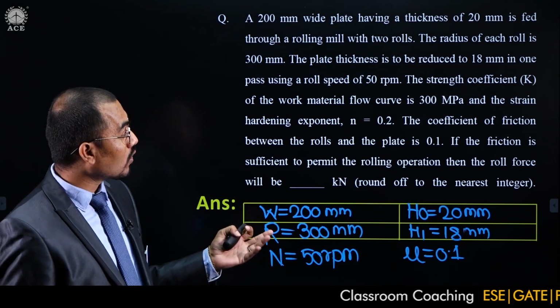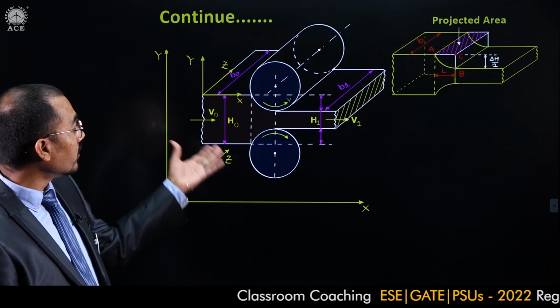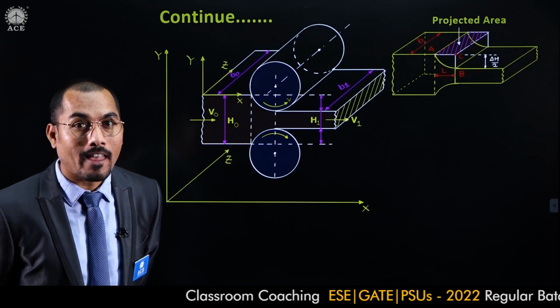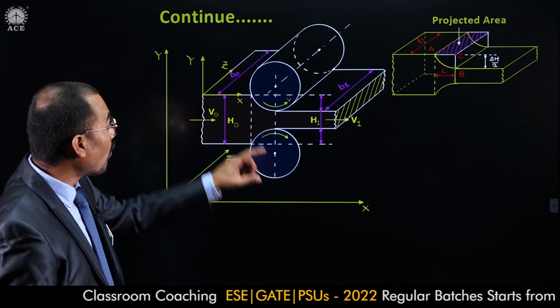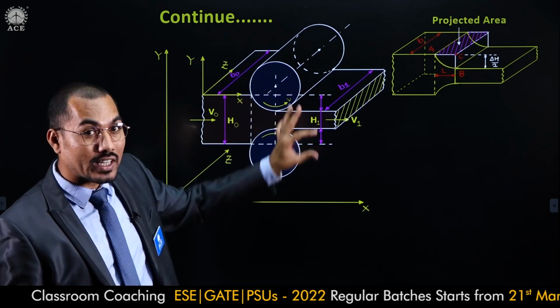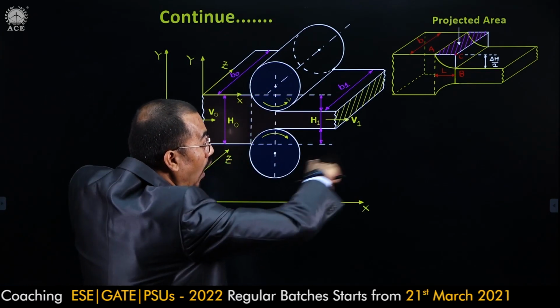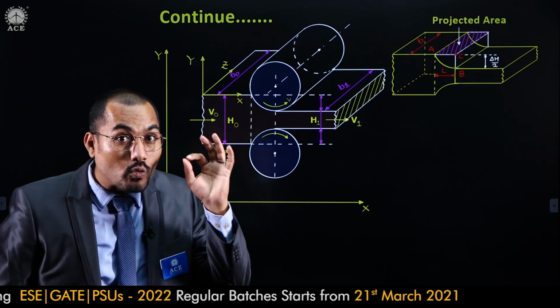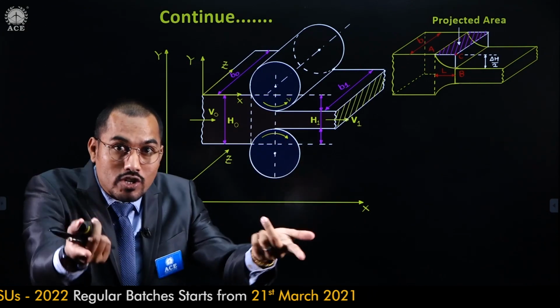And we know that rolling is a process. This is the diagram of rolling. In the rolling operation, we assume during the analysis that whatever reduction takes place in the thickness is compensated by an increase in length. Material spreads along the length direction, but the width of the material remains constant. Spreading is assumed to be negligible.